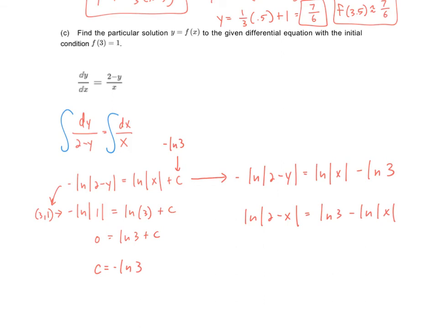Now we'll combine these using rules of logs. So now the right-hand side will become ln absolute value of 3 over x. Remember, when you subtract two logs, you do the first argument divided by the second argument.